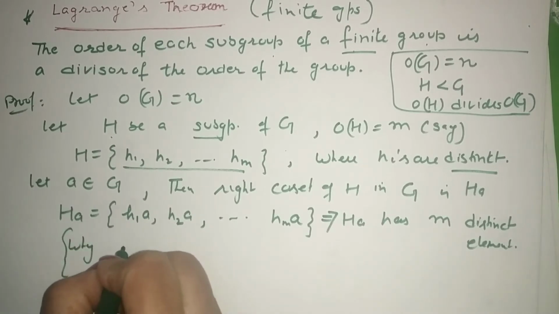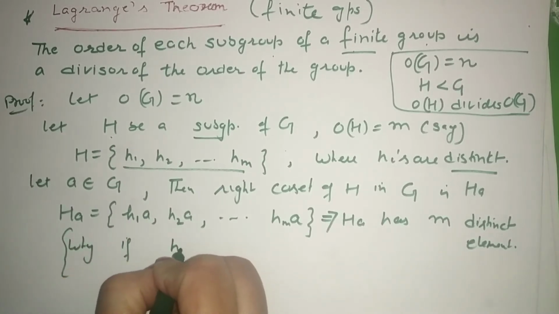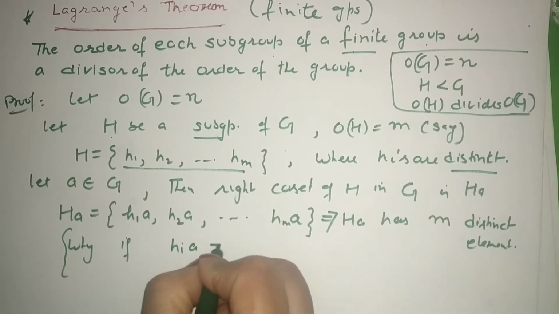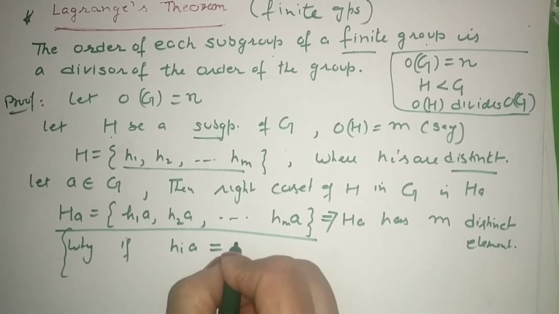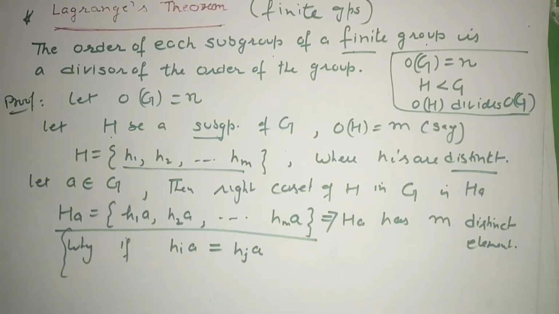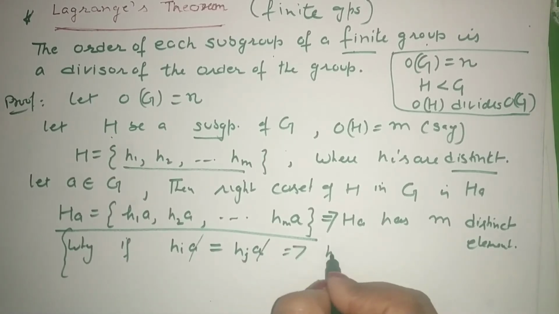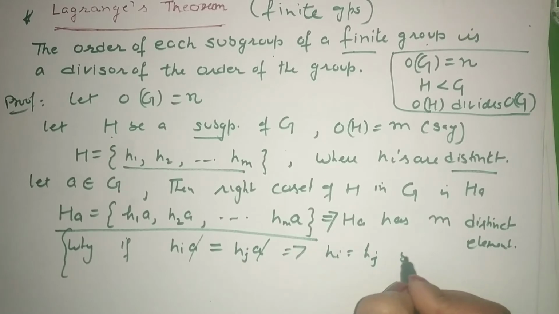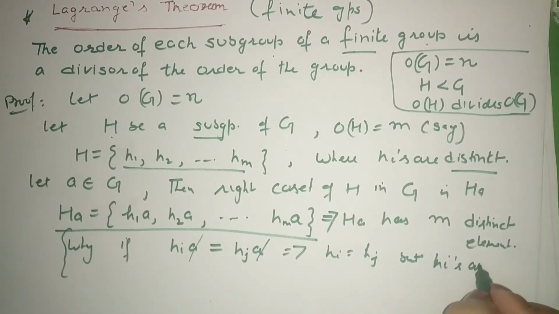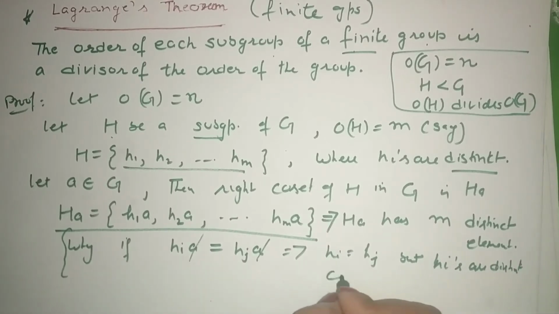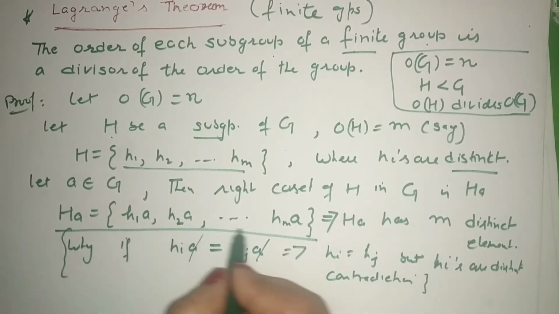Because if two of the elements of this coset are equal, then by right cancellation what will we get? hi is equal to hj, but the hi's are all distinct, so it will be a contradiction if we take two elements of this coset equal.